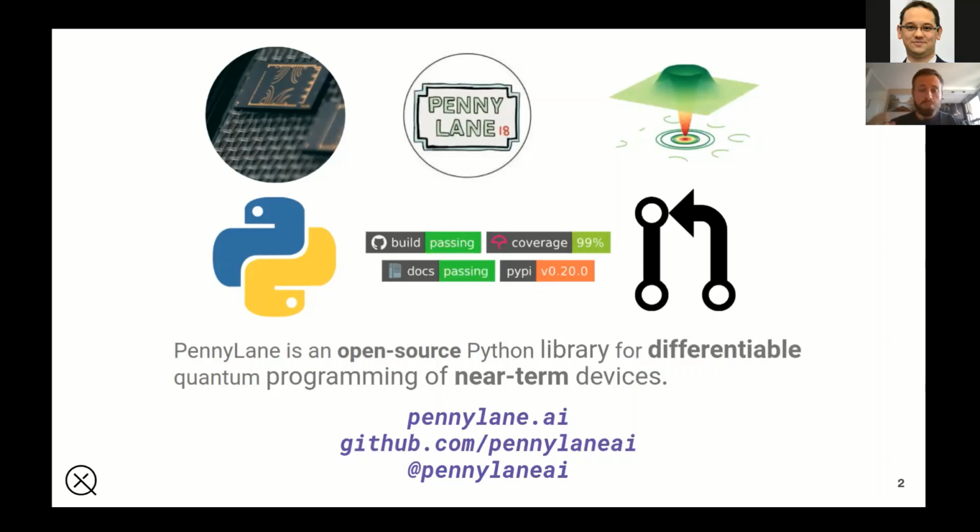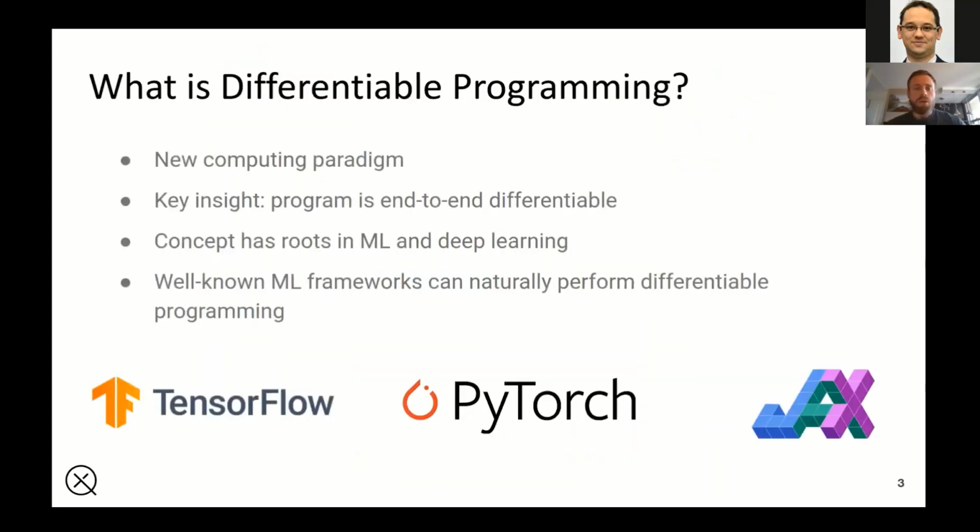Now, let's elaborate a little bit more on what differentiable quantum programming is in depth. Differentiable programming is basically the idea of writing functions in your programs and writing the gradients of such functions alongside the functions that you have written.